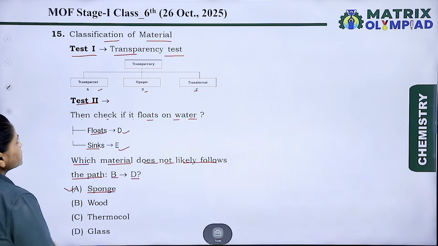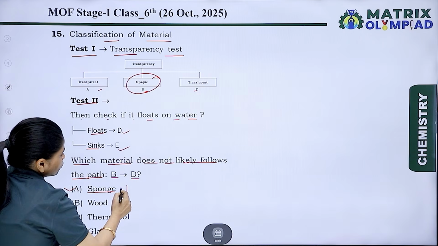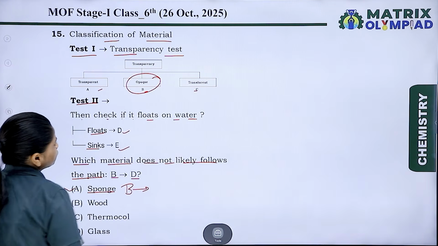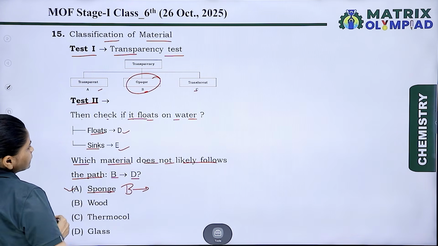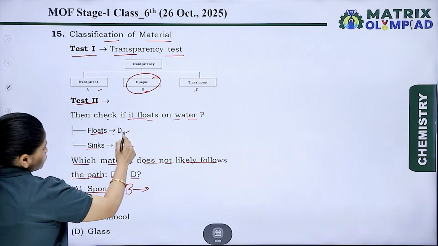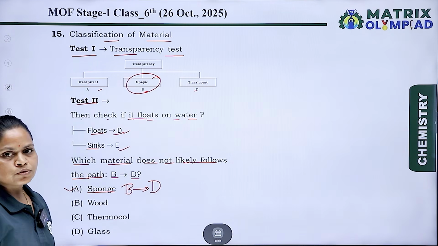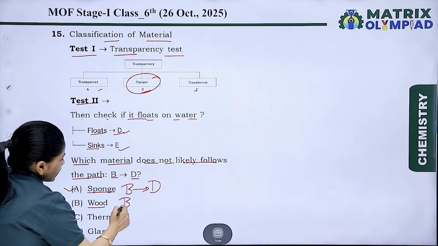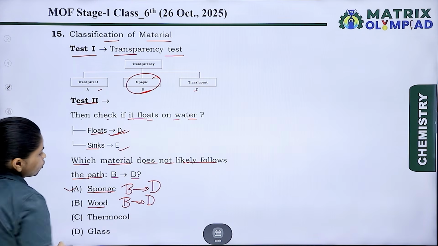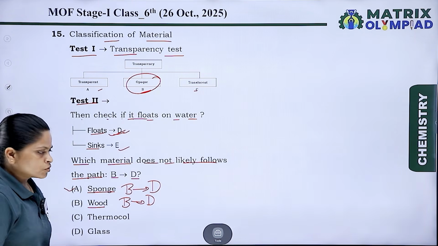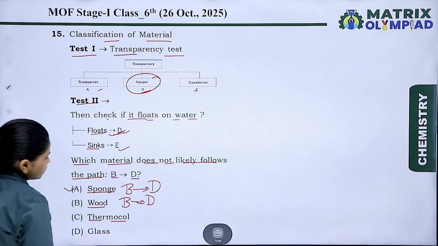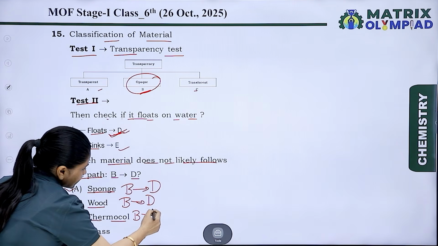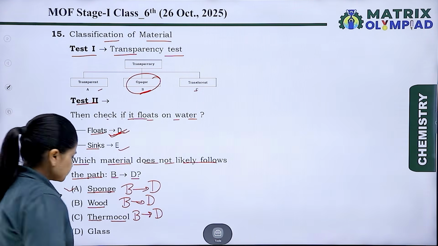As we know, sponge is opaque, so it follows B. And when we check the floating test, we know that sponge can float, so this follows the path B to D. Wood, again, is opaque and can float, so this also follows the path B to D. Thermocol, again opaque and can float, so it again follows the path B to D.